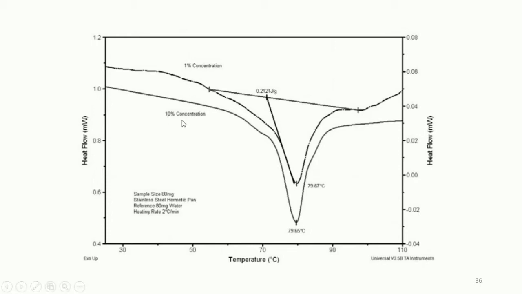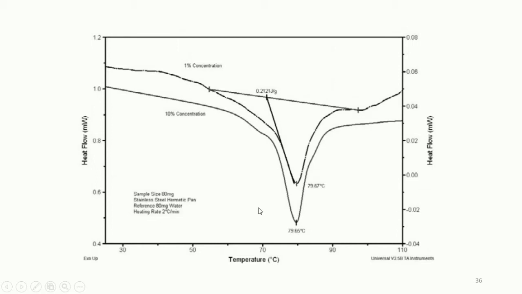At 10% concentration, the peak is about 400 microwatt in size, and there is excellent detail showing minor shoulders on both the low and high temperature sides of the peak.